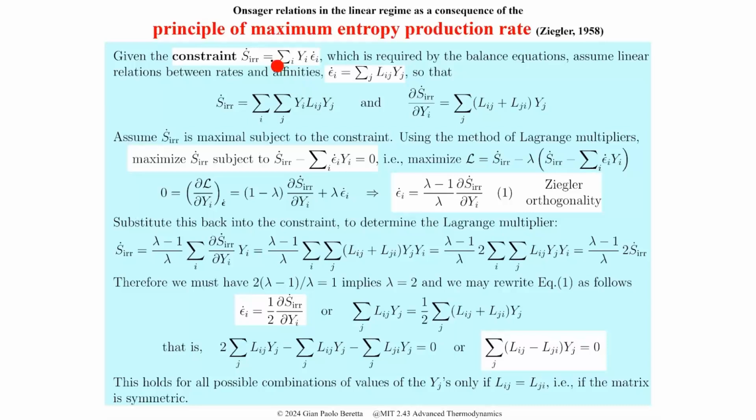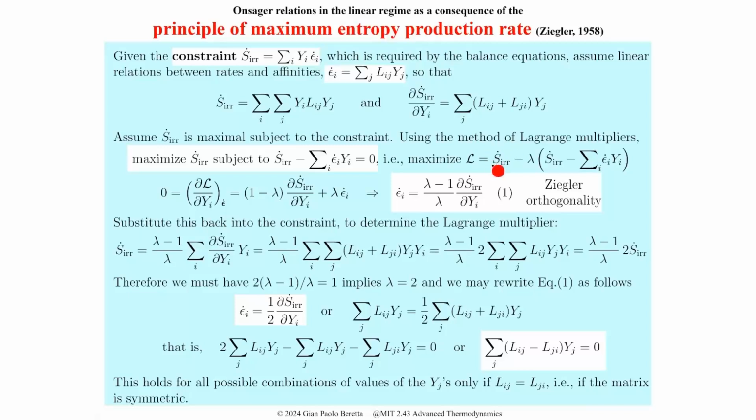So this is equivalent to that equation, set equal to 0, so it's the left-hand side of that equation. Okay. And then all you do is to take the derivative of this with respect to the affinities and set it equal to 0.